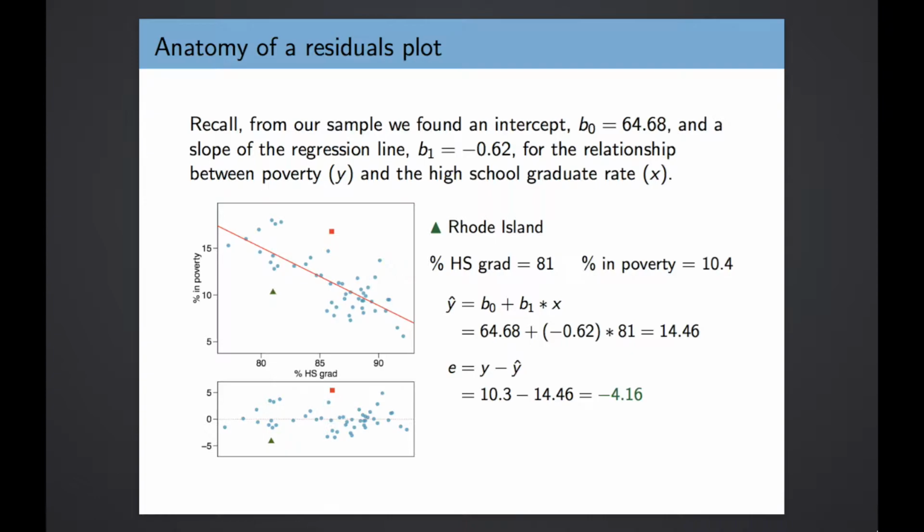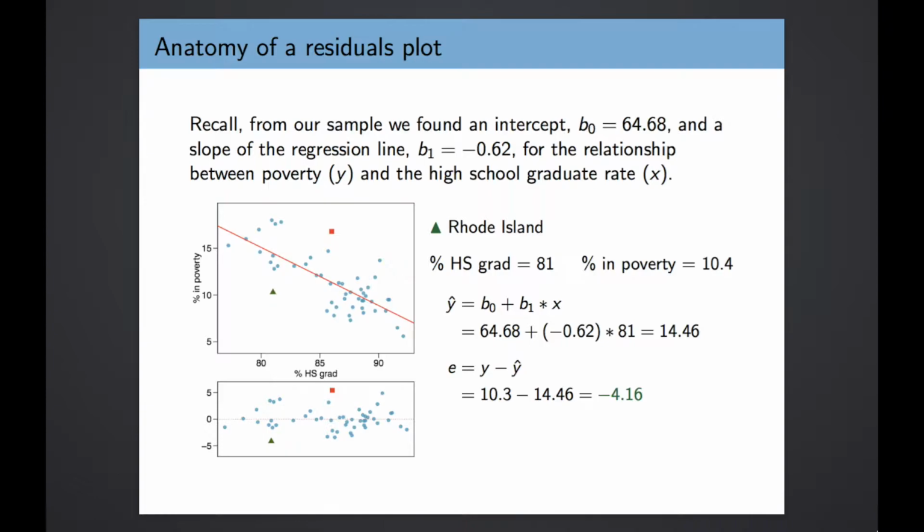And that's going to be equal to, we found an intercept of 64.68 plus our slope, which is negative 0.62, times 81, which is, there was an 81% high school graduation rate in Rhode Island, and we found a predicted value, a y hat of 14.46 for Rhode Island. But we actually observe a poverty rate of 10.4% in Rhode Island in this year in our data. So that gives us a residual, a leftover of negative 4.16.